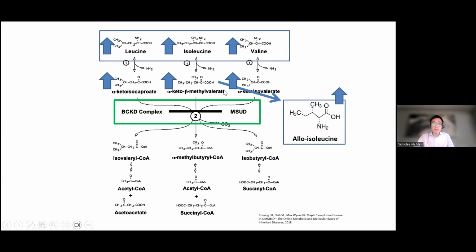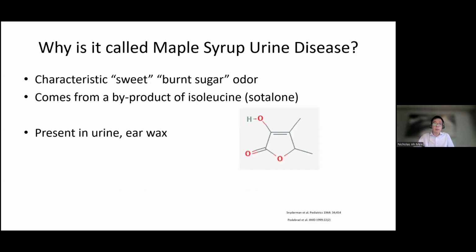The keto acid of isoleucine also can go on to make alloisoleucine, which is elevated in this disorder, and I think is pathognomonic for maple syrup urine disease. However, the toxic amino acid in MSUD is leucine, and it's the one we are most trying to control within the plasma and within the body.